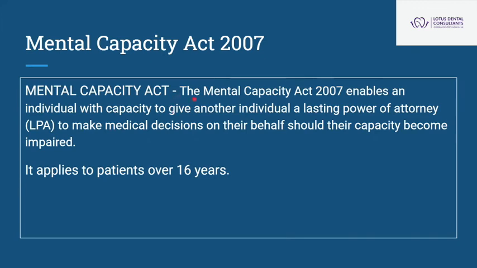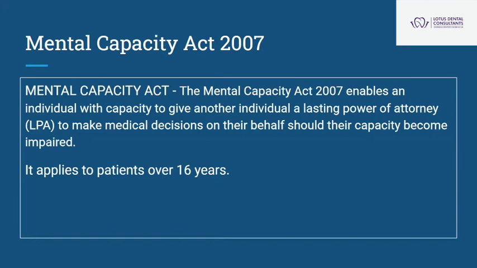The Mental Capacity Act enables an individual with the capacity to give another individual a lasting power of attorney, LPA, to make a medical decision on their behalf should their capacity be impaired. For example, if an old 75, 80 years old man is suffering from dementia or Alzheimer's, it might be his lawyer.